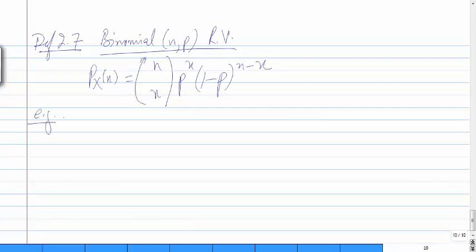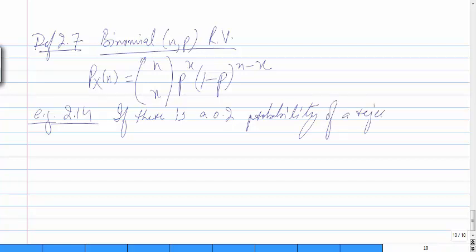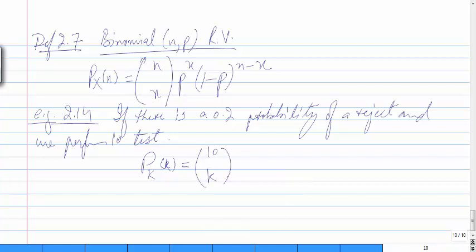Now we have an example here, 2.14. The example says that if there is a 0.2 probability of a reject, and we perform 10 tests, in that case p_K of small k is equal to 10 choose k, and that is equal to 0.2 to the power k and 0.8 to the power 10 minus k.